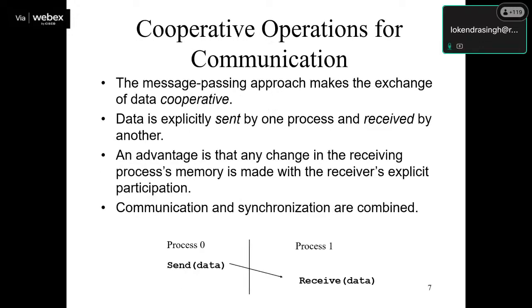Next are the cooperative operations for communications. Cooperative means it does not interfere with point-to-point communication. Before that, we discuss point-to-point communication, which involves transferring a message from one process to another in the same communicator.